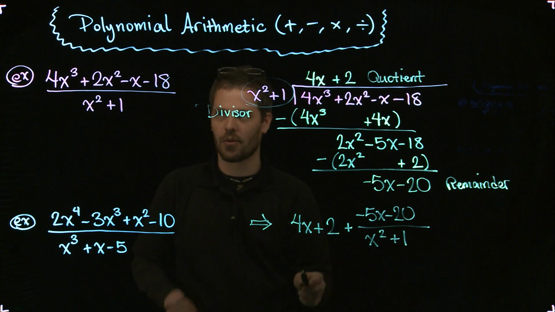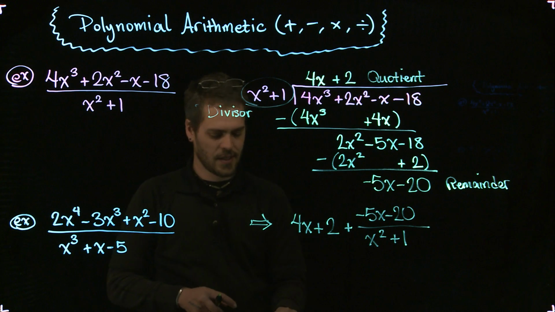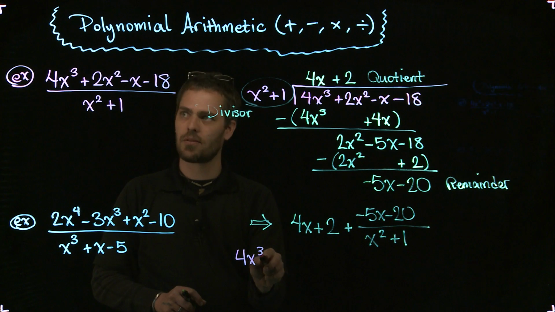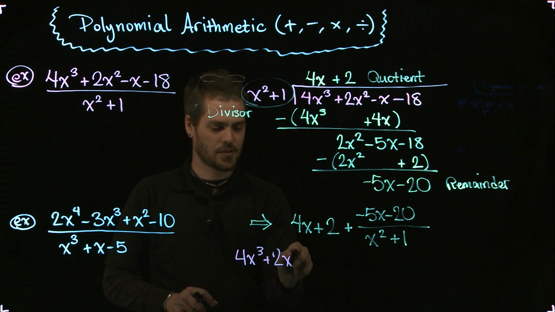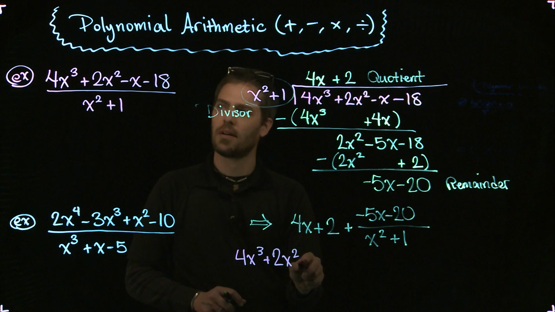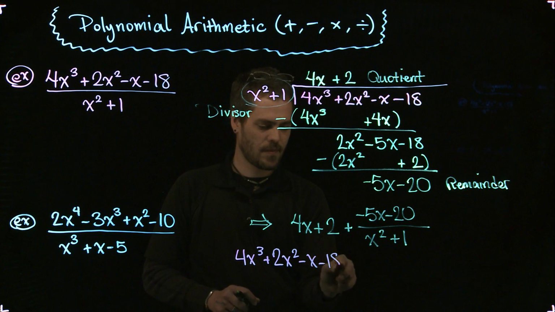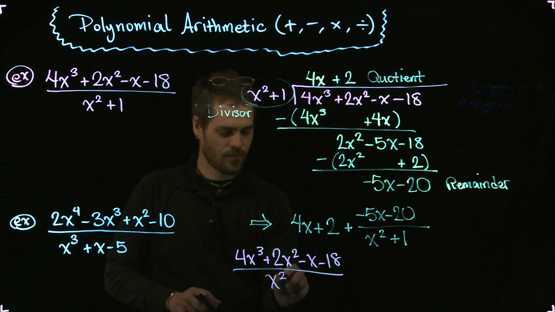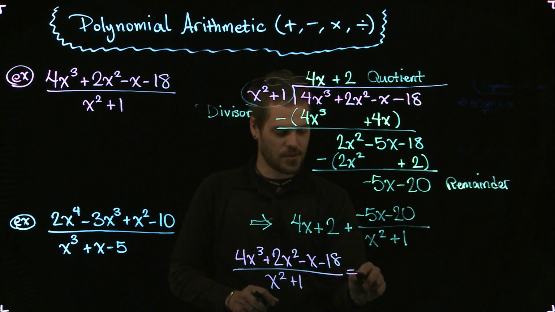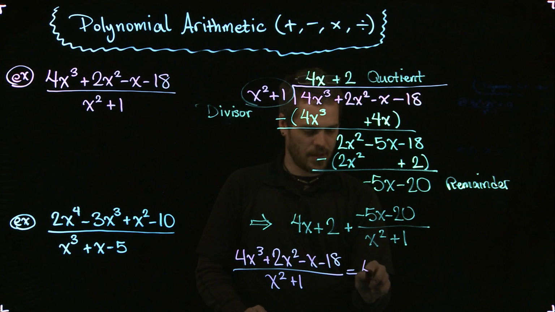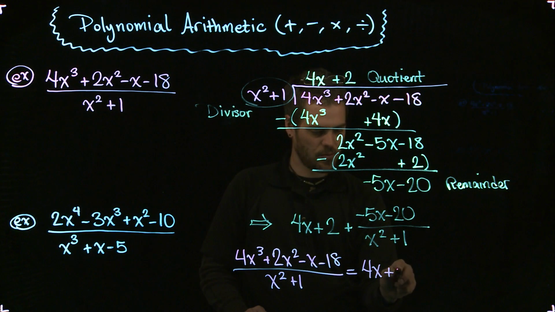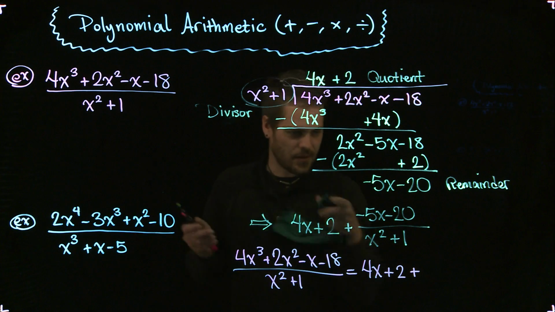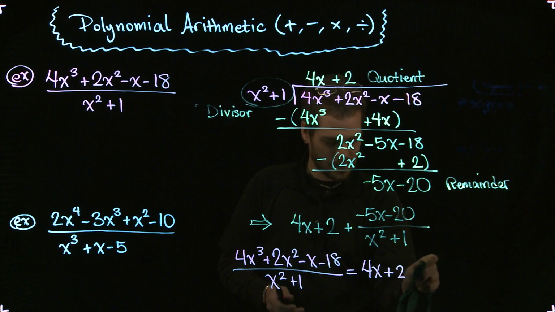And let me rewrite that real quick just to include what I was doing in the first place. So now I can confidently say that 4x cubed plus 2x squared minus x minus 18 all divided by x squared plus 1 is equal to what I just wrote up there, 4x plus 2 plus, in fact, why don't I factor out that negative just to make it look a little prettier?